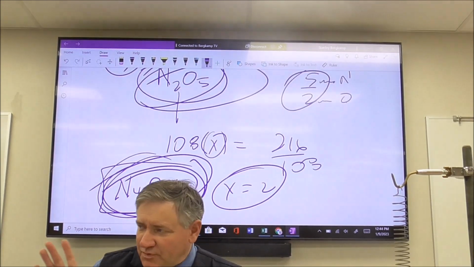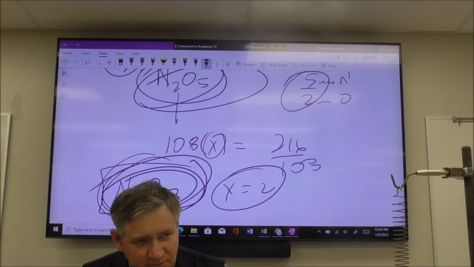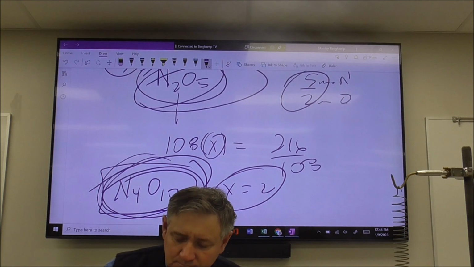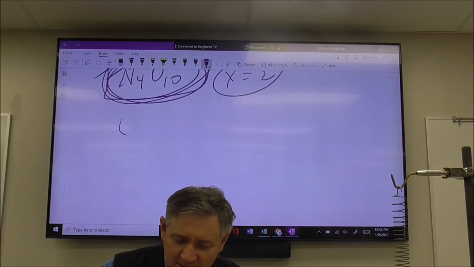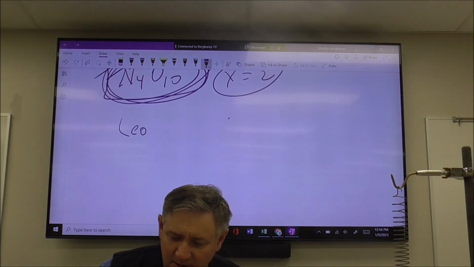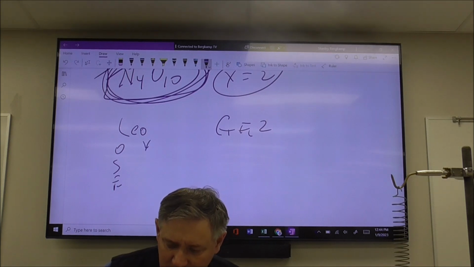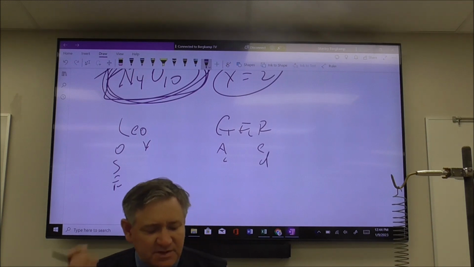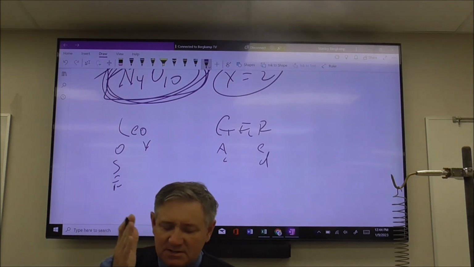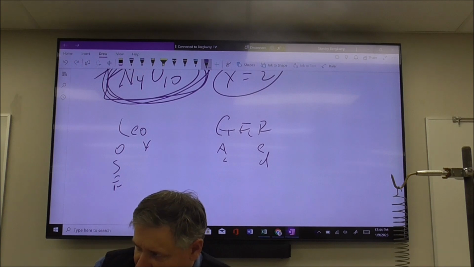On number 11 with the redox, I want to make sure everybody's cool with the terminology. So, LEO says GER, right? You lose electrons, that's oxidation. Gain electrons, that's reduction. Now, where you typically run into trouble is the reducing agent and the oxidizing agent.